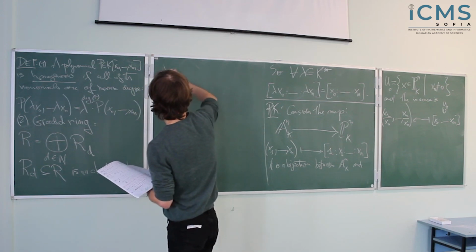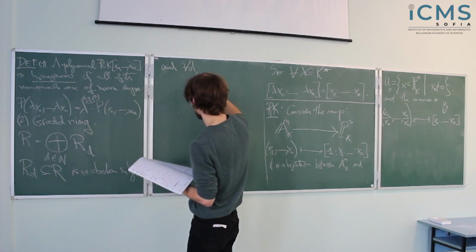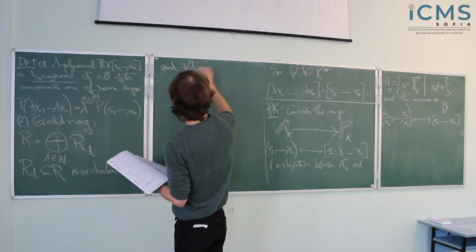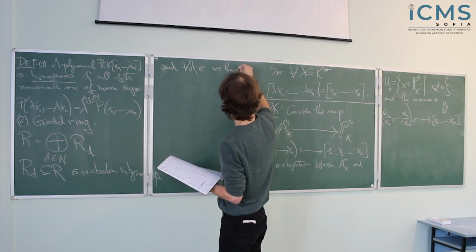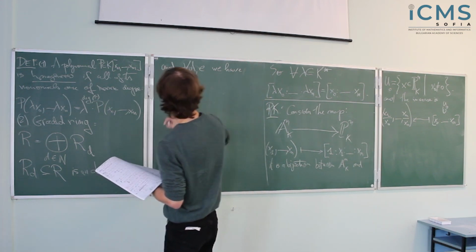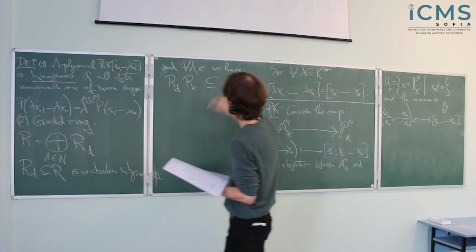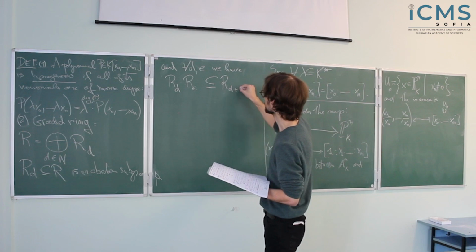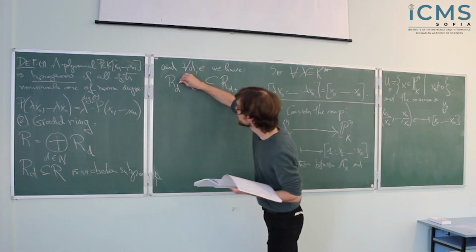And for all D and E, we have a sort of additivity of degrees. If I take an element of R_D and an element of R_E, then I will end up in R_{D+E}, using the multiplication of the ring.